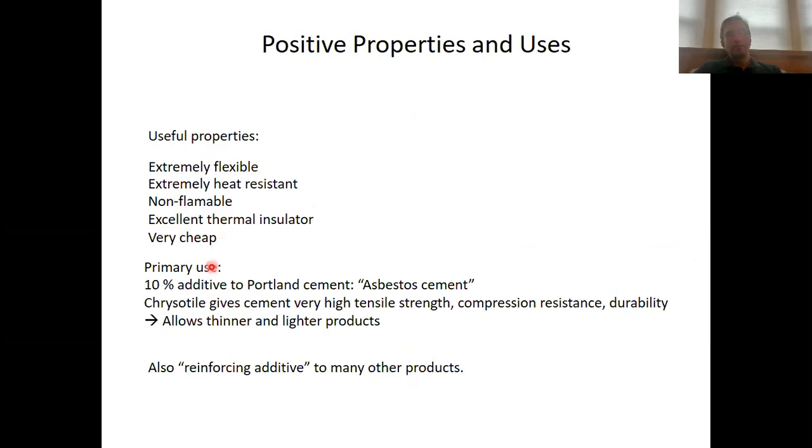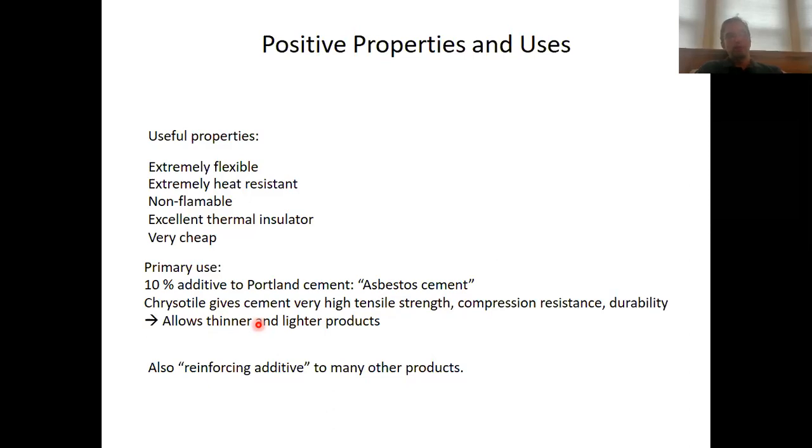When you add the chrysotile to cement, you get so-called asbestos cement, which increases the mechanical properties. So you get increased tensile strength, compression resistance, and durability, so that you can produce thinner and lighter products. You can also add these fibers to other products in order to mechanically reinforce them.